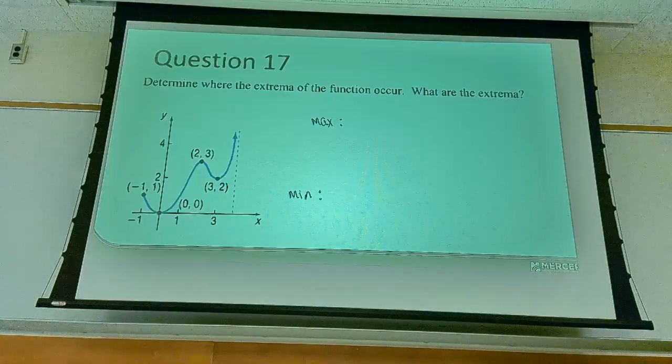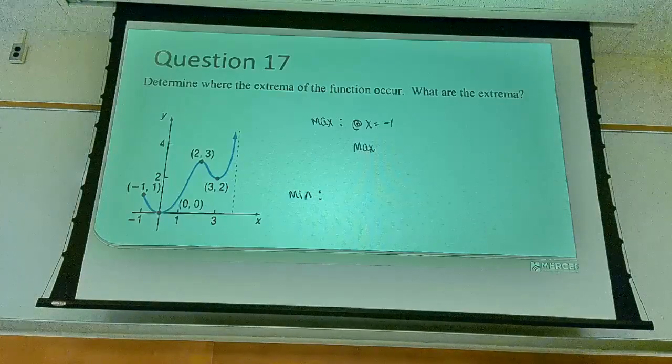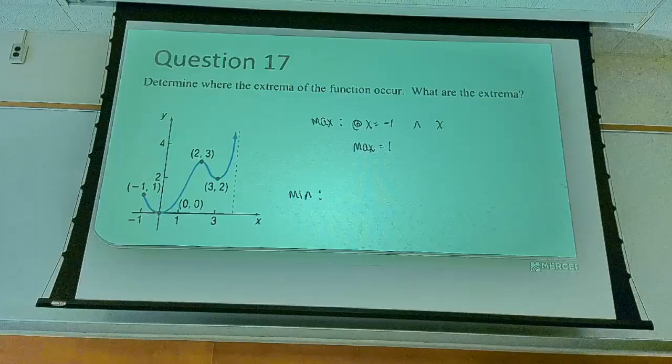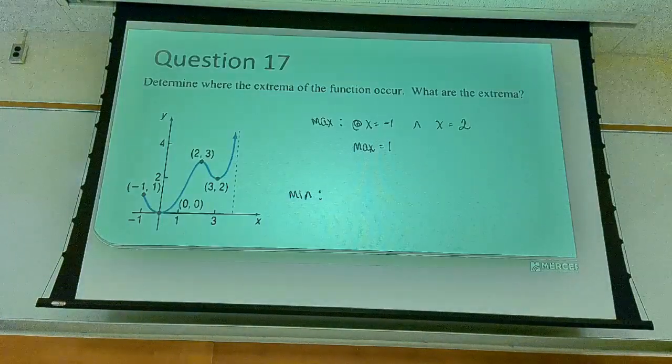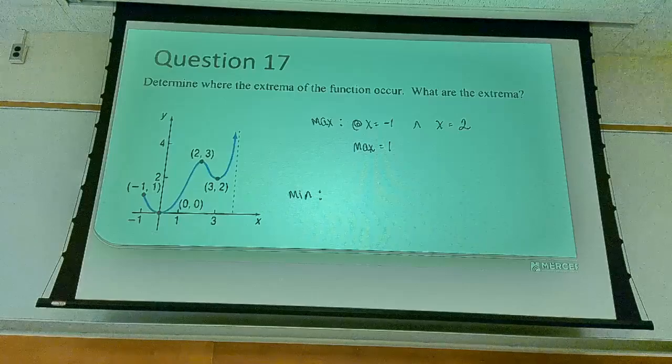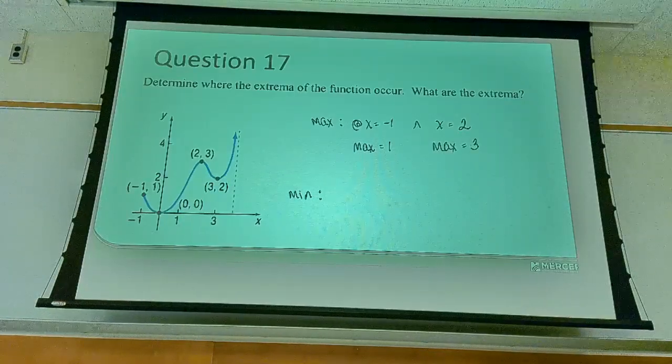Maxima: x equals negative 1, it's 1. x equals 2, the max is 3. Does that arrow going straight up mean it would also be infinity?